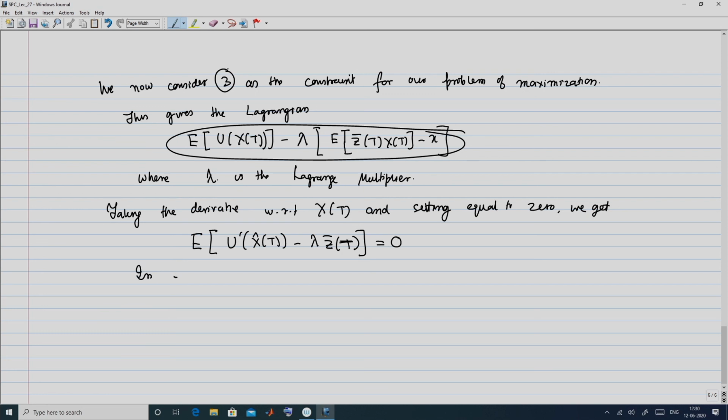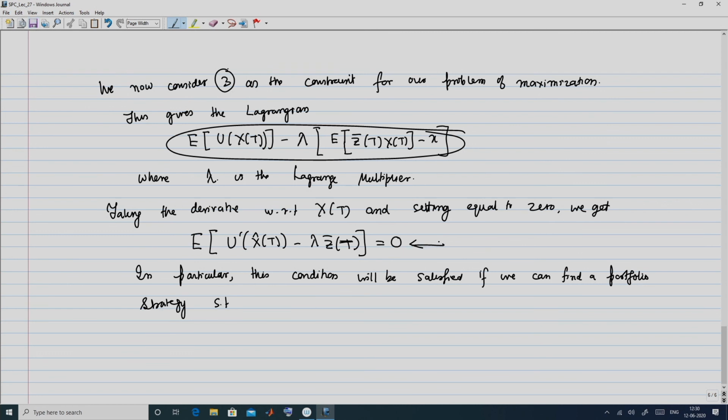So, in particular, this condition will be satisfied if we can find a portfolio strategy such that, from this relation, we get the condition that x hat of capital T is going to be the inverse of lambda z bar of t, where I of course is the inverse of u prime.